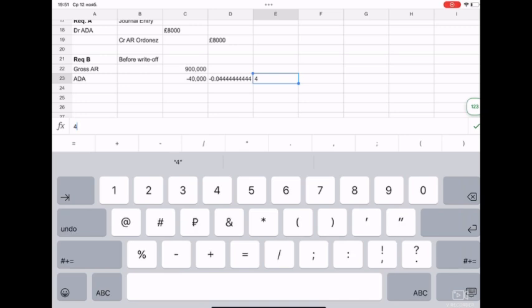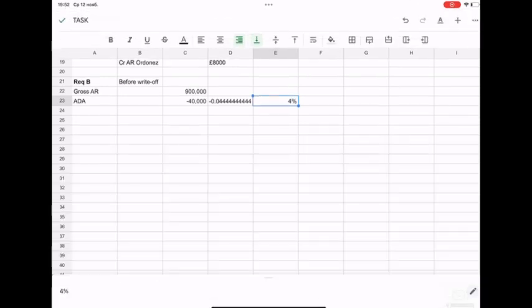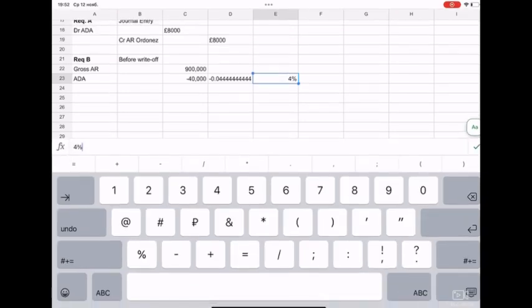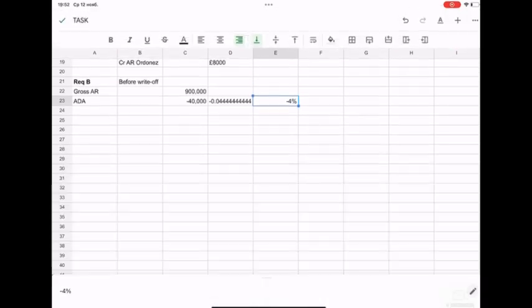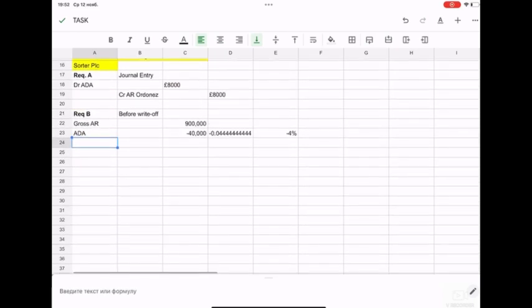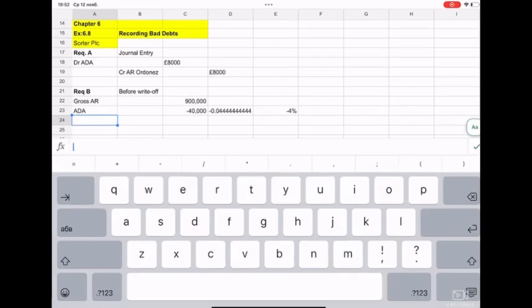Okay, now we got it. We got it as a number, but as a percentage it would be 4%. Minus 4%. So I'm sorry for taking time, but I was trying to make it as good as possible.